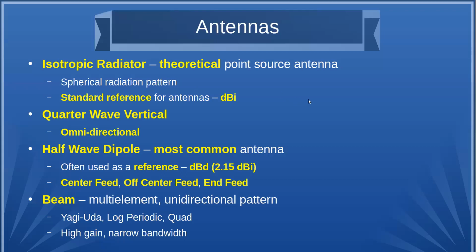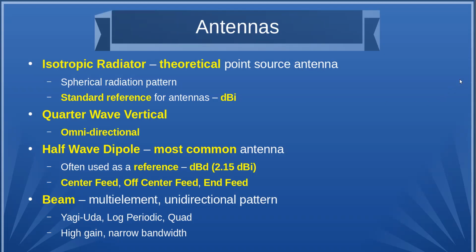Okay. We're getting up to Viron's area. Antennas. So we've got transmitters and receivers. So we need to connect them to something. So we have what they call the isotropic radiator, which is the theoretical antenna that you measure other antennas against as a reference. The isotropic would generate a spherical radiation pattern in all directions.